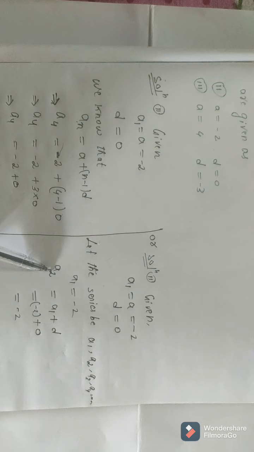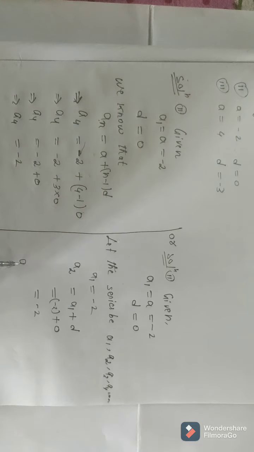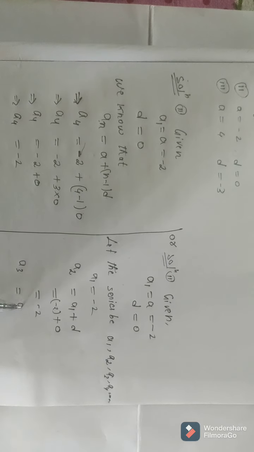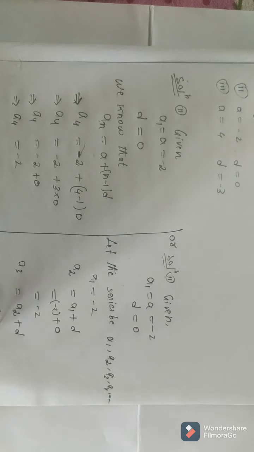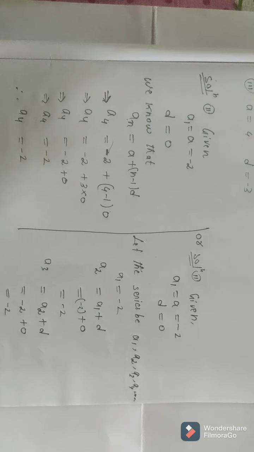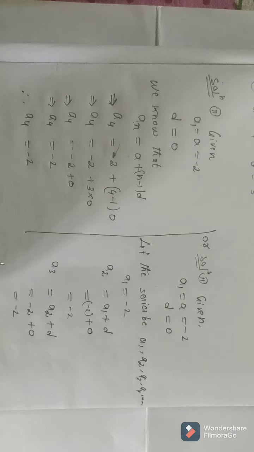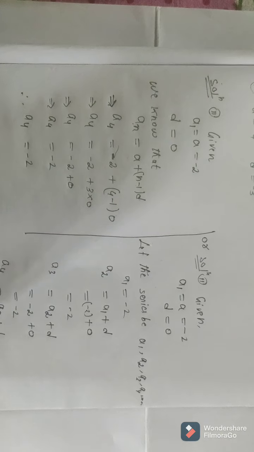So the second term of AP is -2. Next, A3 equal to, formula is A2 plus D. Here A2 means -2 plus, put instead of D equal to 0. A3 equal to -2. Next, the fourth term, A4 equal to A3 plus D. This is the formula.